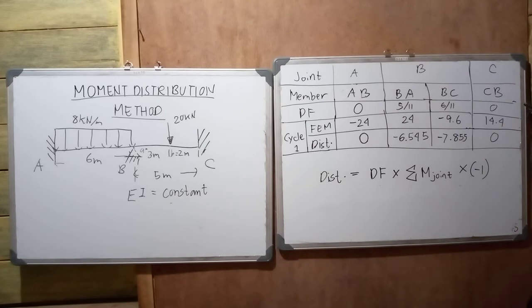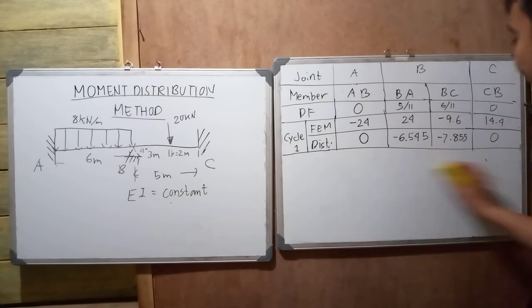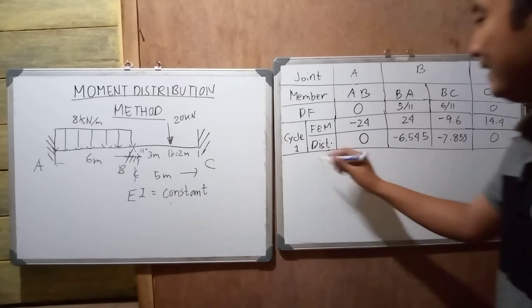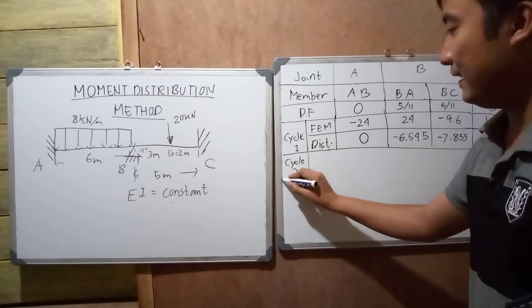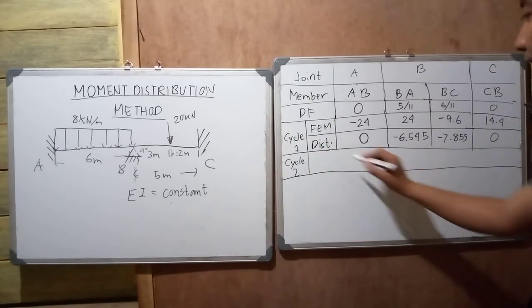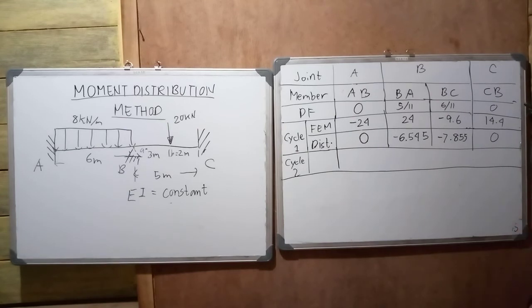Hindi pa tayo tapos. Okay? Meron pa. So, proceed tayo. Meron na tayong cycle 2. Okay? And then, so in this iterative method na moment distribution method, pwede kahit ilang cycles yung gawin mo.